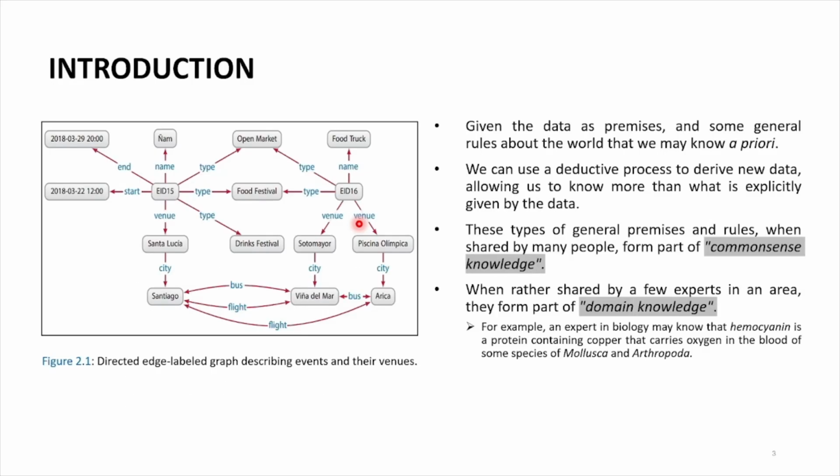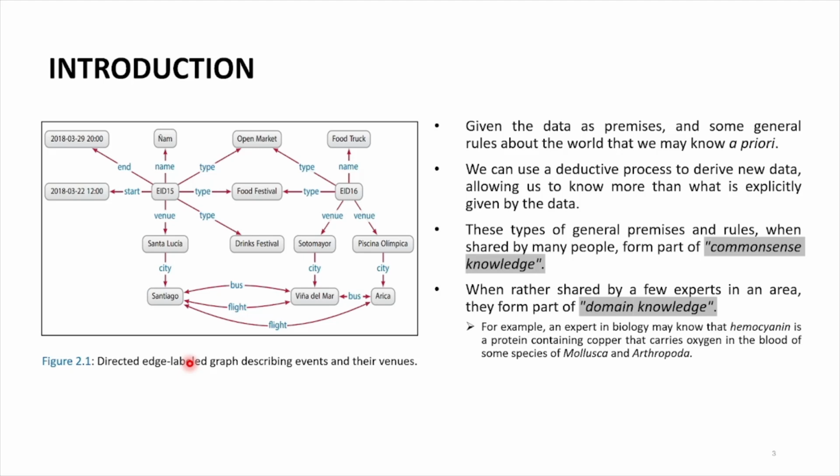As humans, we can deduce more from the data graph of Figure 2.1 than what the edges explicitly indicate. For example, the NAMM Festival will be located in San Diego, right? Even though the graph doesn't contain an edge for location.